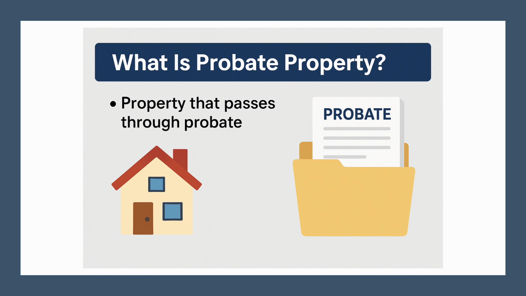Now let's dive a little deeper. Probate property refers to assets that must pass through the probate court system before they can be legally transferred to heirs or beneficiaries. This includes things like real estate, bank accounts, or personal property that are solely owned by the decedent and are not held in a trust or do not have any of the beneficiary designations that we will review shortly.